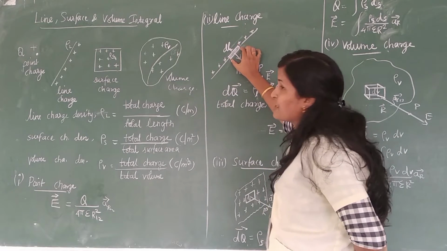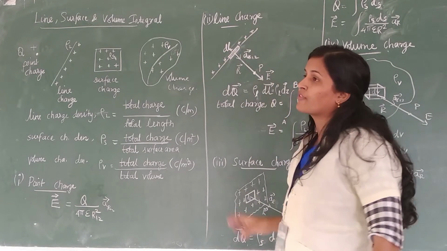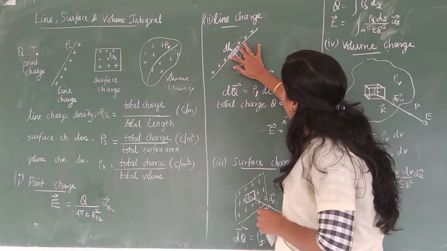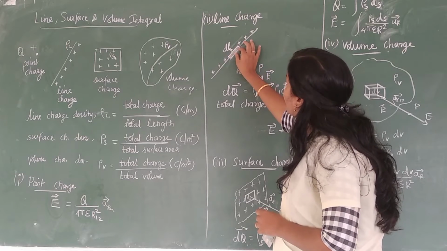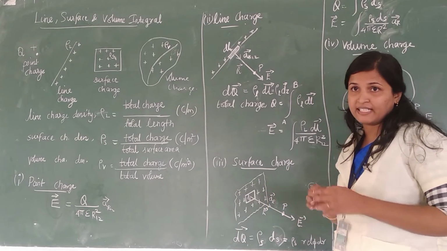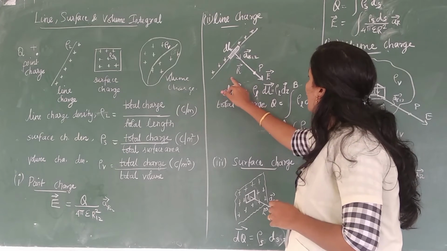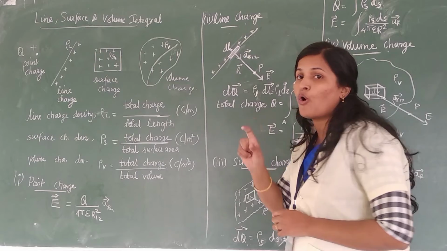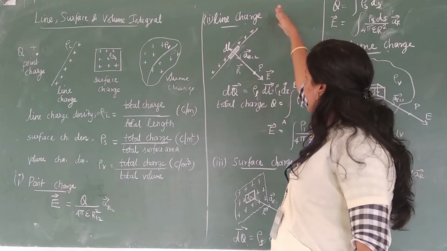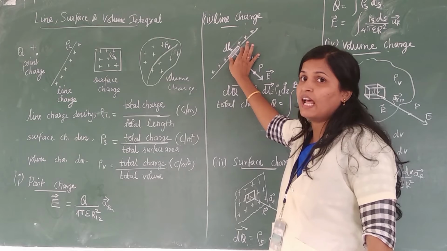Take this differential length as dl, and let the total length of the conductor be L. If we analyze everything in dl and integrate over the whole length, we get the total electric field intensity for that conductor or wire. First we should know the charge. We cannot find the charge for the entire length, so we find the charge of this differential length.